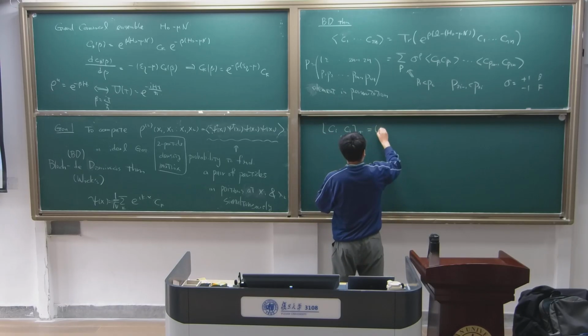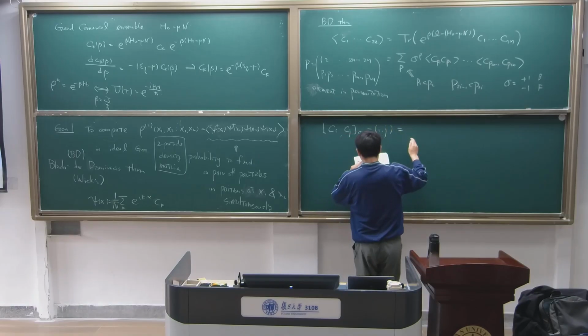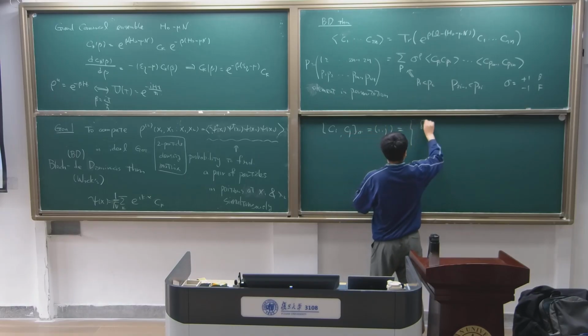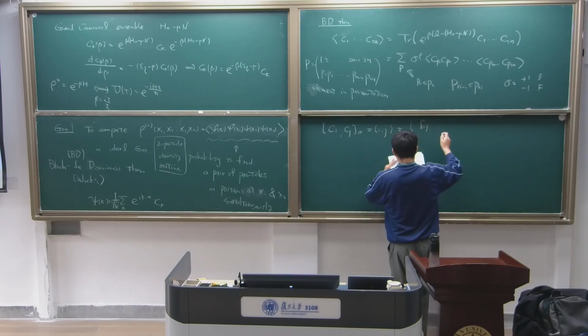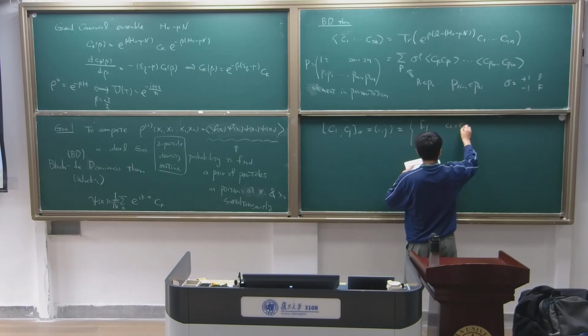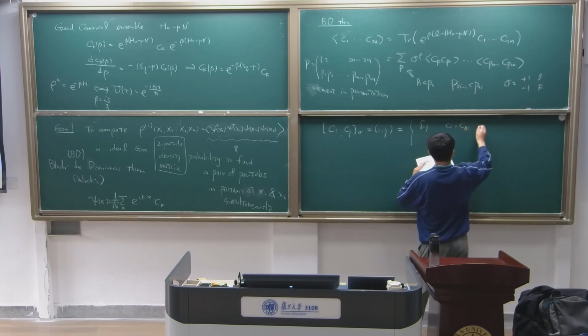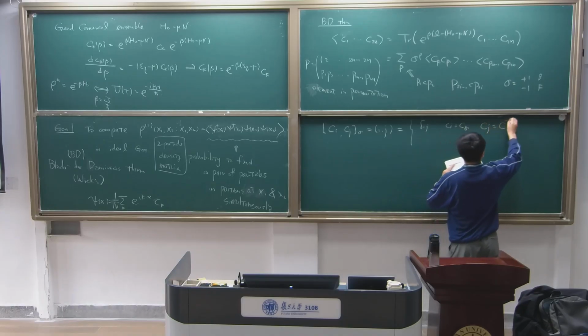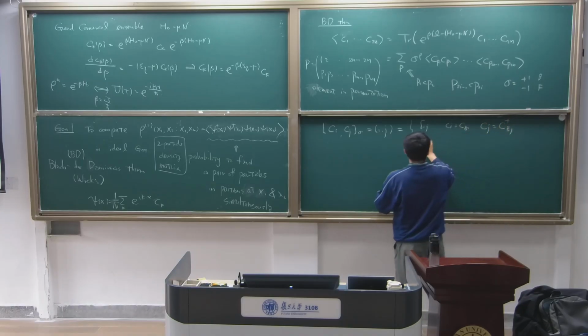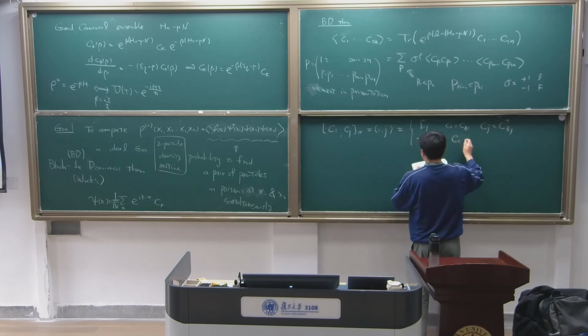Anyway, let's do this computation. I define this commutator ij, and this is given by delta ij when ci and cj is delta ij minus sigma cj and ci.